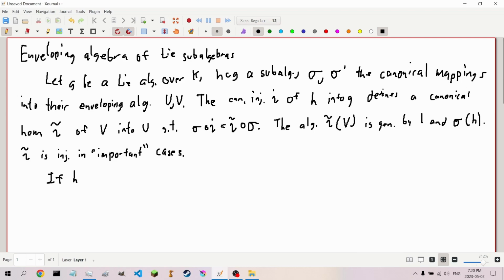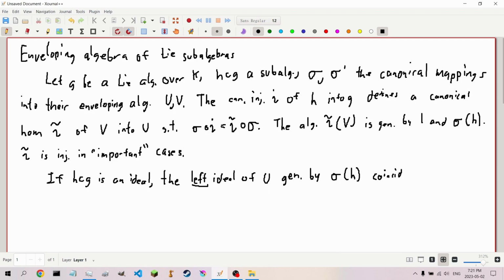If H is not only a subalgebra but an ideal, the left, not two-way, the left ideal of U, because keep in mind U and V are just algebras, that is, the left ideal generated by the image of H in its enveloping algebra, coincides with the similar right ideal.